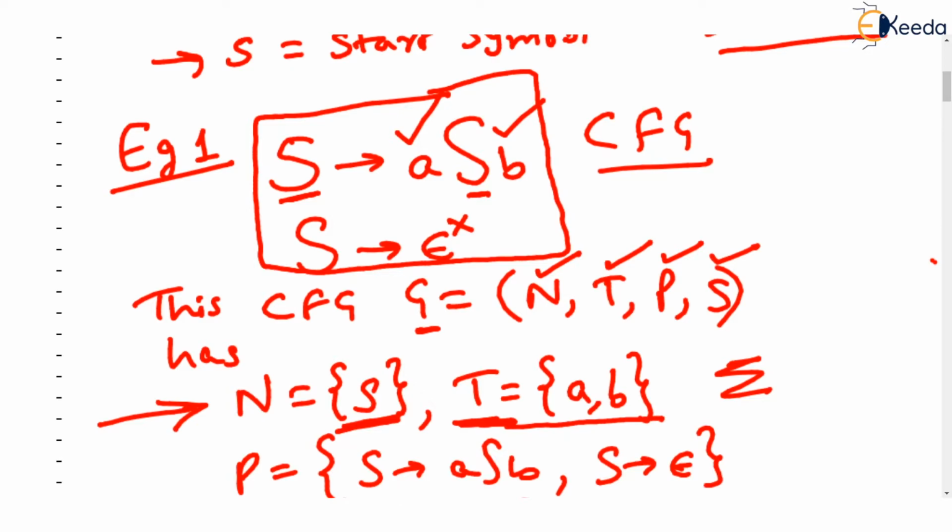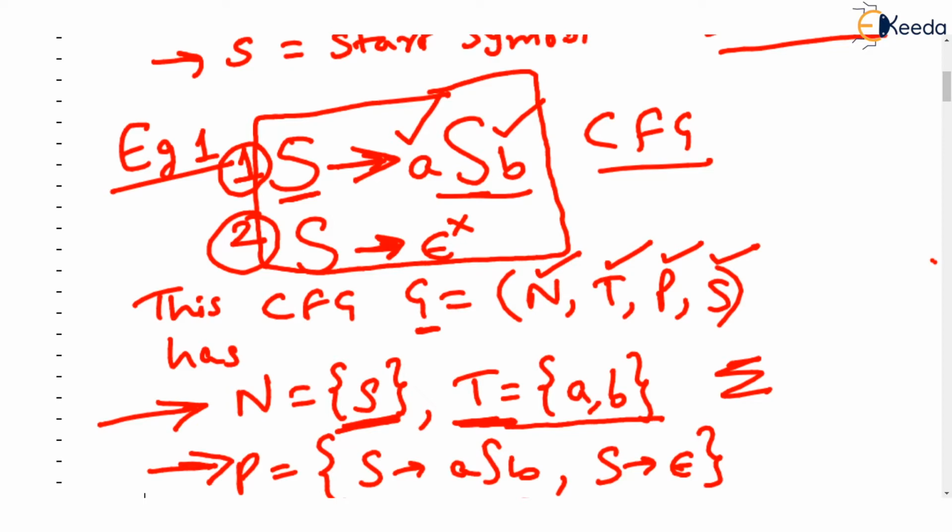Next comes P, which is the set of productions. You can see each entry written over here with LHS, arrow, RHS. Each entry written is called a production. So S arrow small a, capital S, B, and S arrow epsilon, both are productions over here. Many people call a production a rule also.